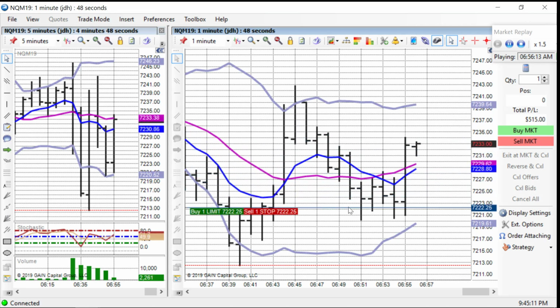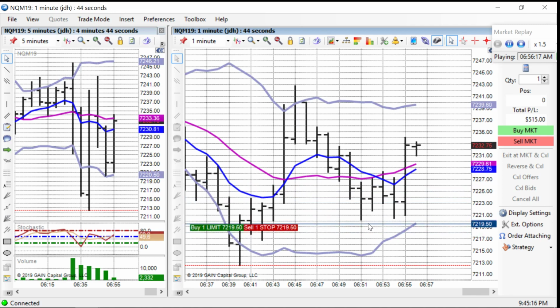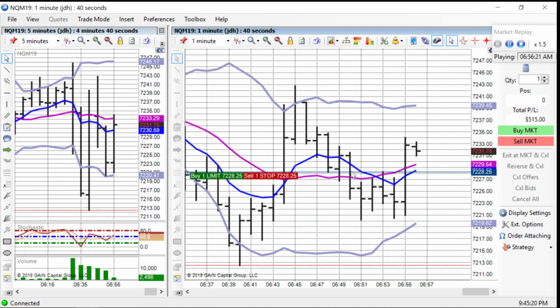So basically we're in a sideways congestion zone right there. You've got support here. You've got resistance up here. It's a very short congestion area. I can't go long because the 8 EMA line is still on the bottom side of the market.